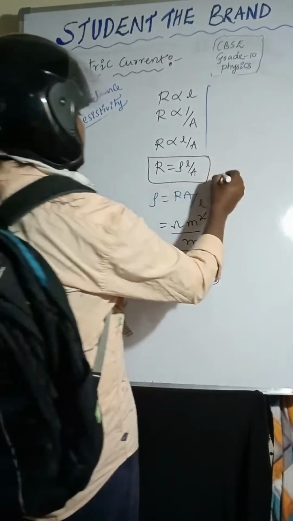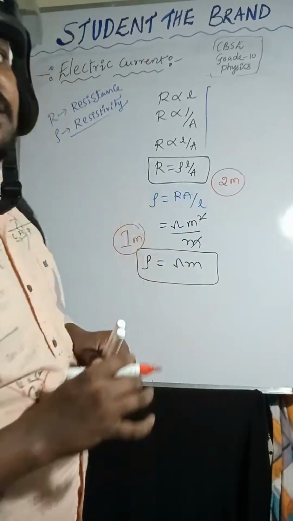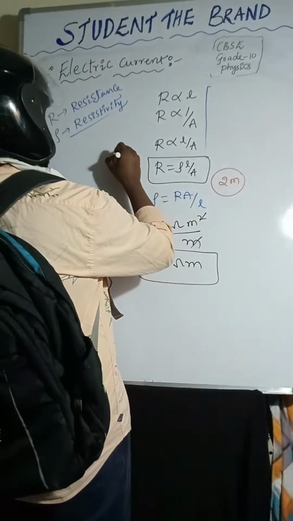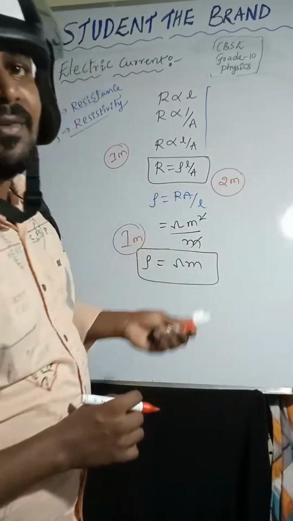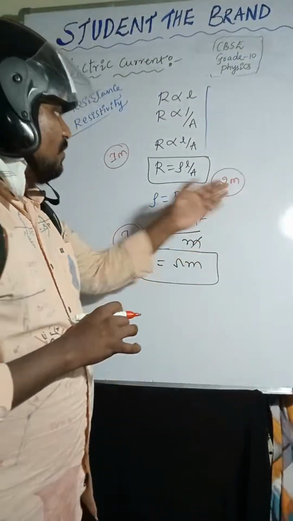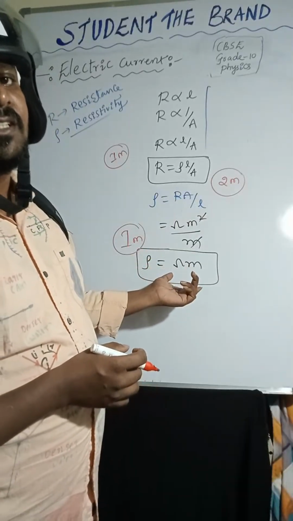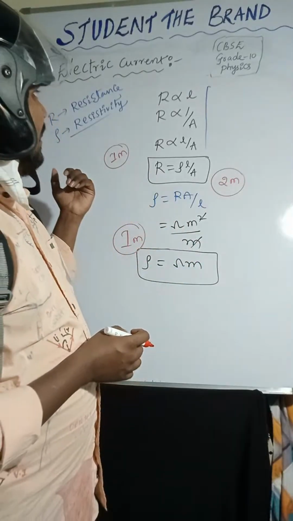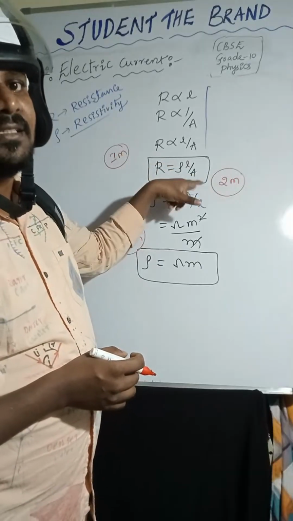The derivation is very important, they will ask for 2 marks: the derivation of the SI unit of resistivity. The SI unit of resistance is ohm. They will also ask the relation between resistance and resistivity for 1 mark.